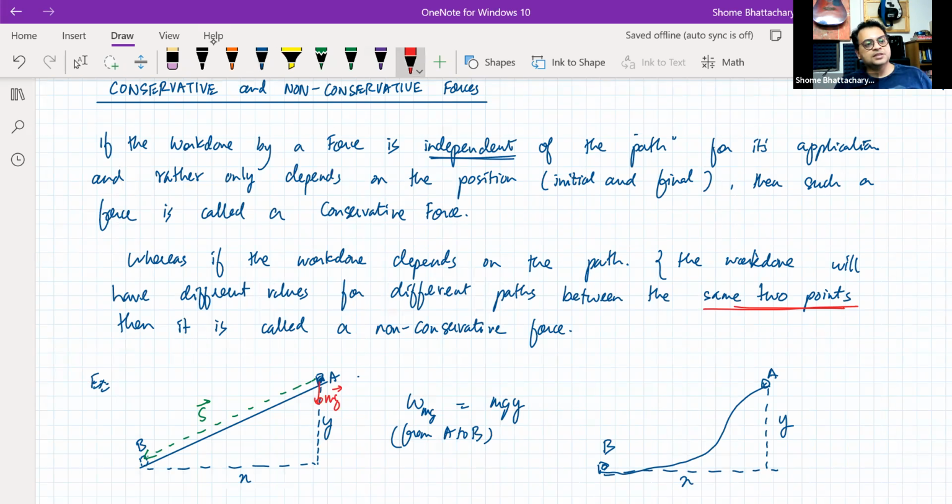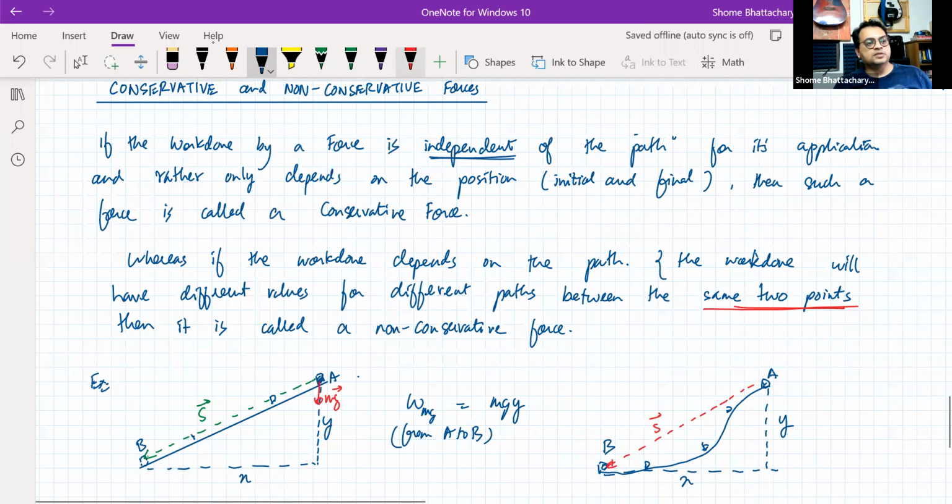So the displacement is the same, but the path is very different. Here the path was a straight line path.